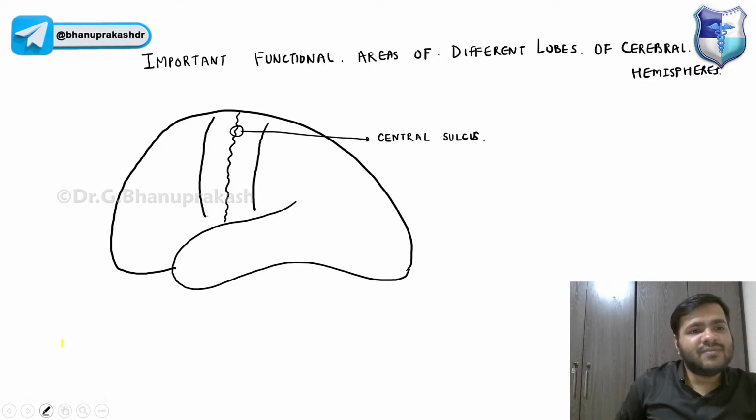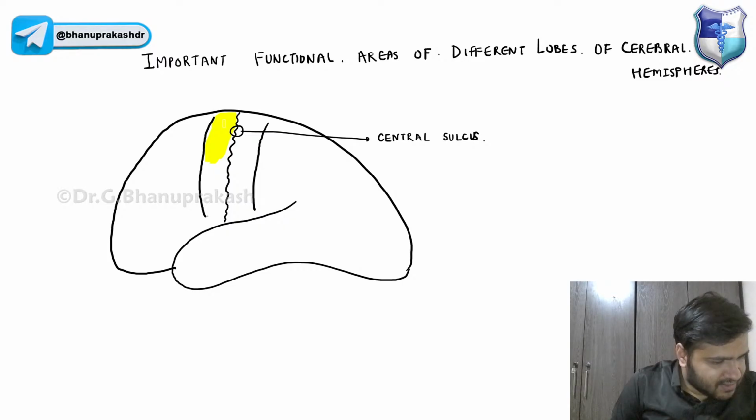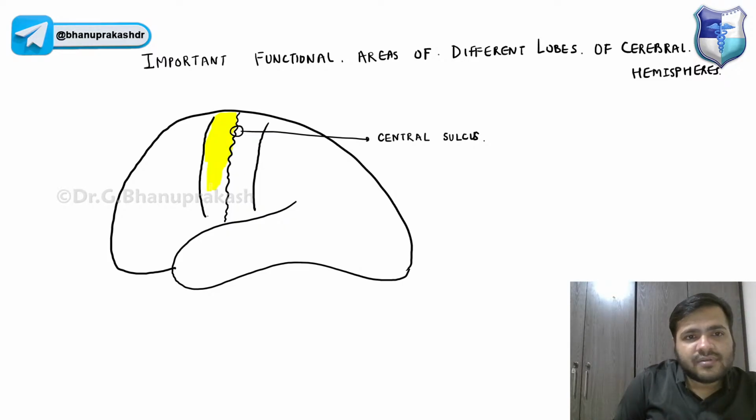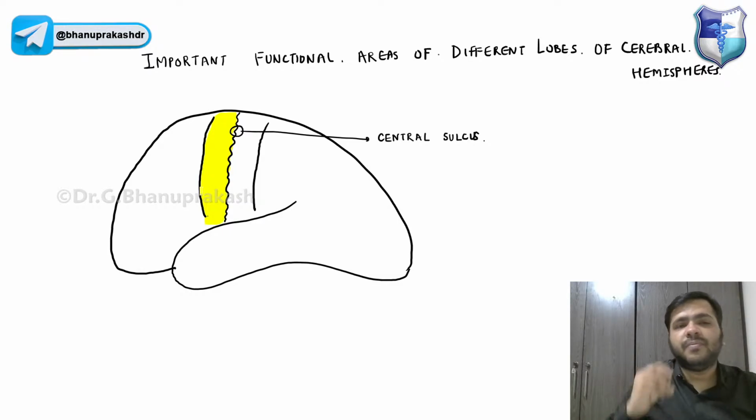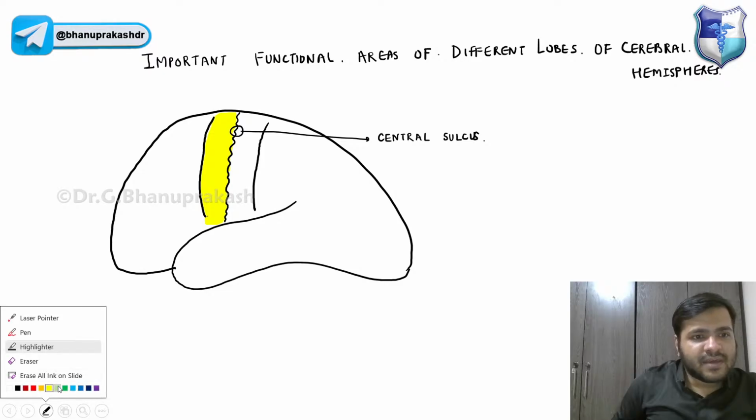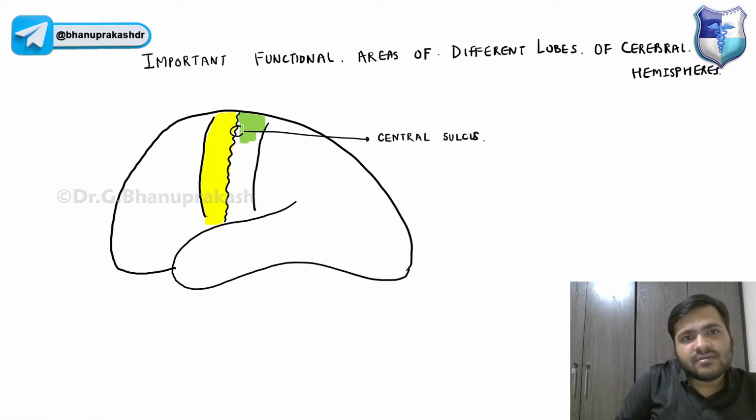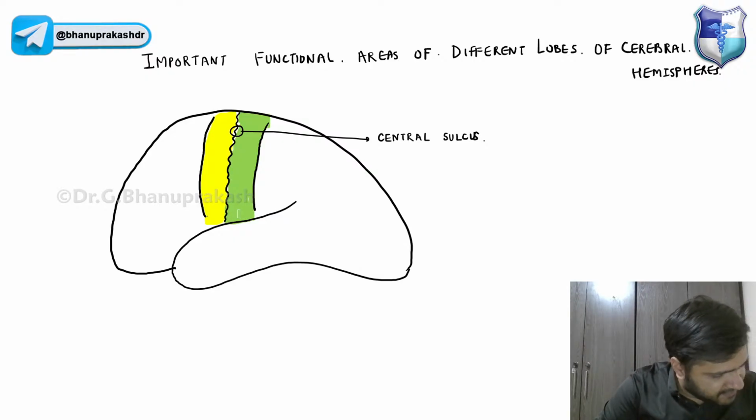Now, can anyone tell me the gyri which is present over here? The one which I'm highlighting, can anyone tell me the name of this gyrus? And the one which I'm highlighting with the green color, guys, right? This gyrus. We have the pre-central, very good, ERN.